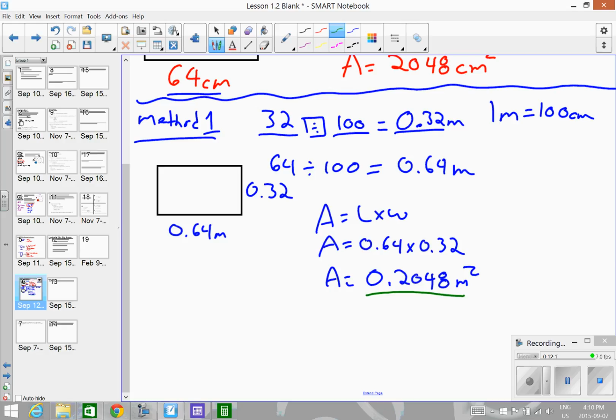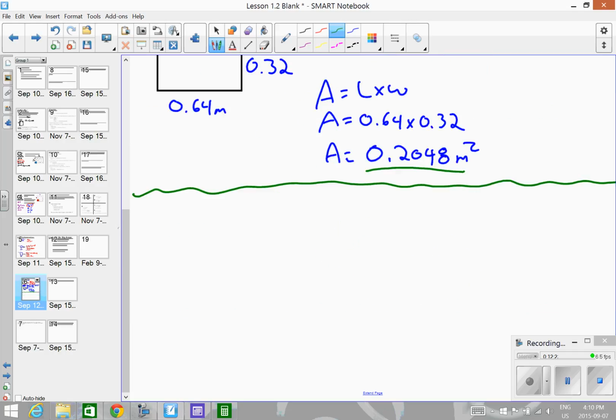All right, but I said there's more than one way of doing this, as there always is in math. So I'm going to switch colors again. Now, from our formula sheet, you can see that 1 meter squared is the same thing as 10,000 centimeters squared.